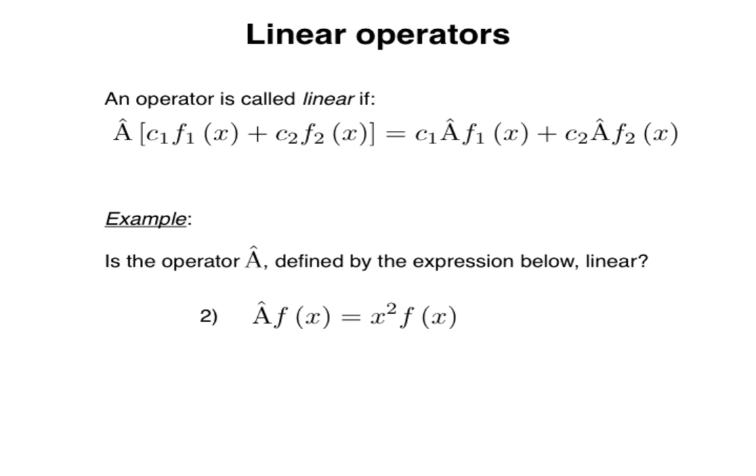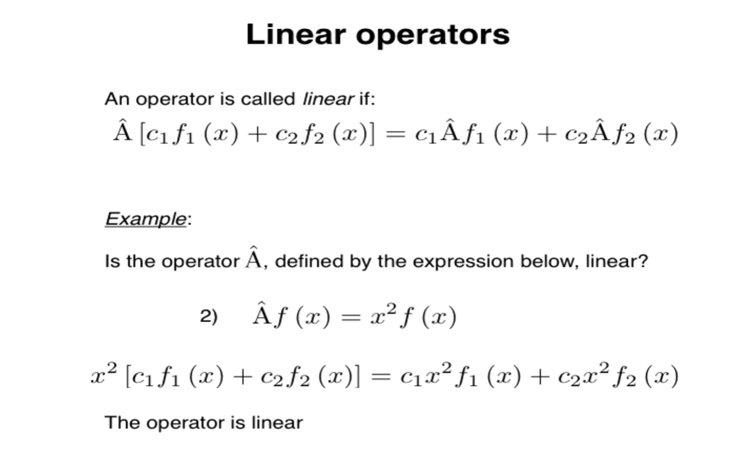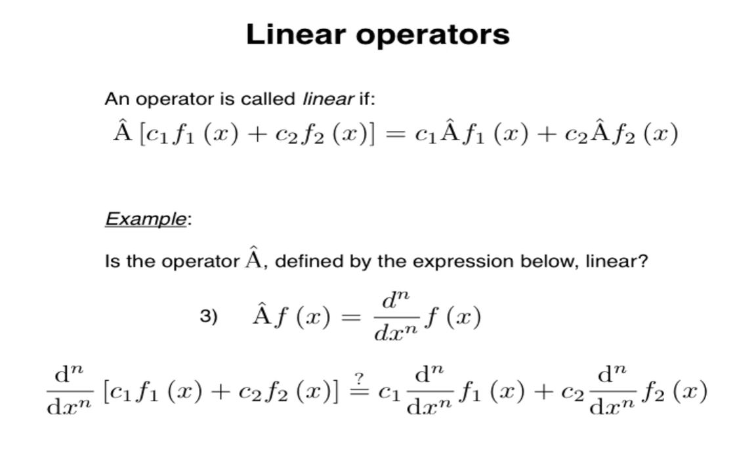For example, if A is x squared, then it tells us to multiply the function f of x by x squared. Since multiplication is distributive, the linearity condition holds, and the operator x squared is linear. The differential operator of arbitrary order n is also linear, since the linearity condition is satisfied for it too.